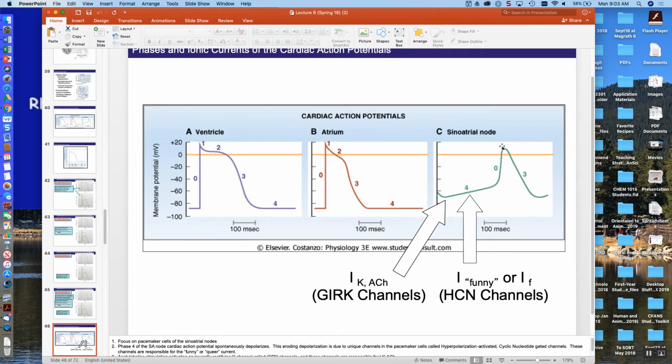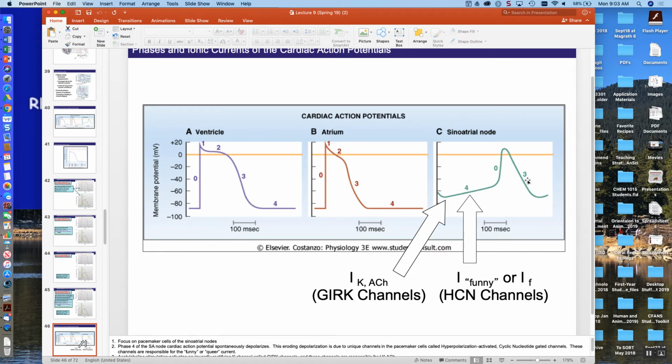Phase 0 are calcium channels. So don't get that mixed up with phase 0 of the ventricular myocytes. This rapid depolarization phase is due to voltage-gated calcium channels. And then phase 3. So there's really only 3 phases for this action potential waveform.